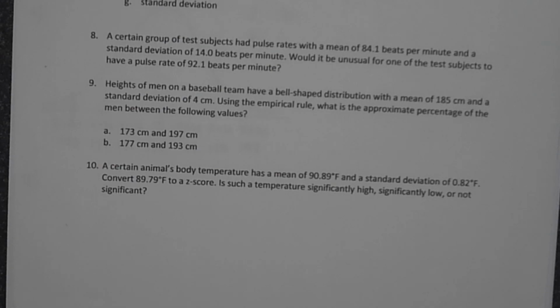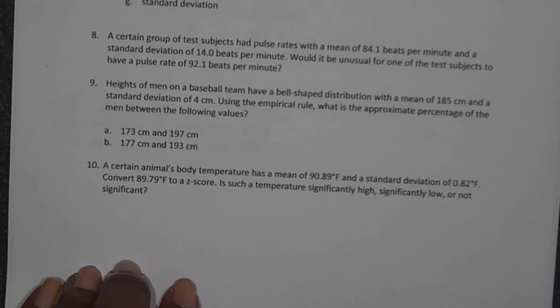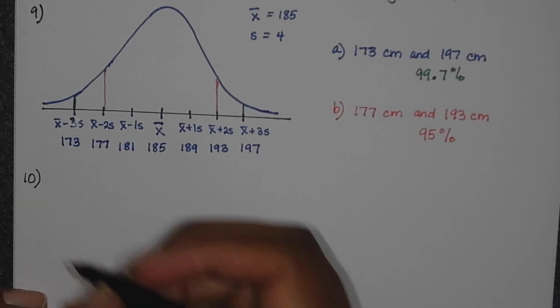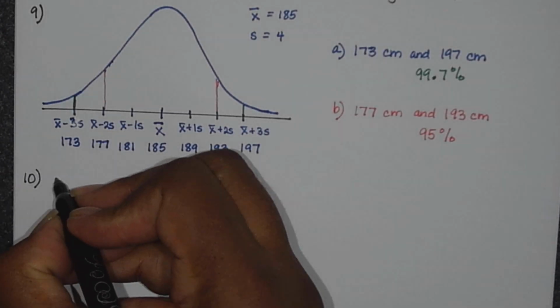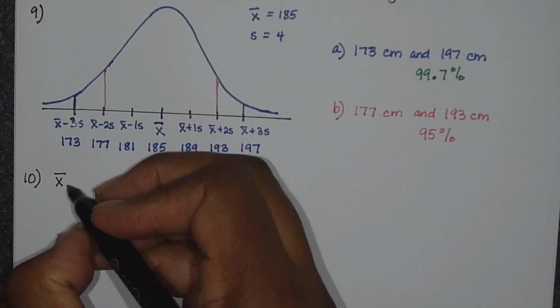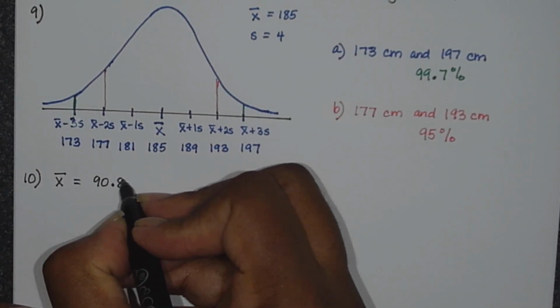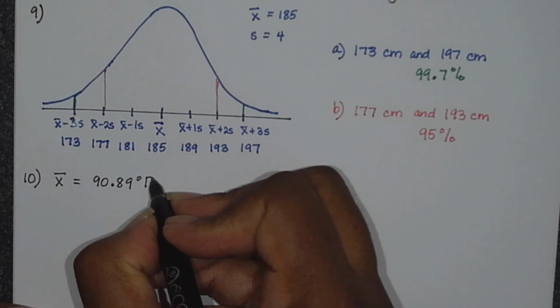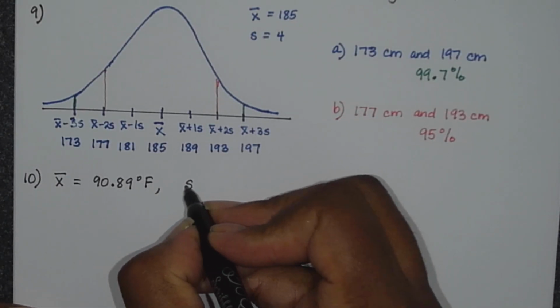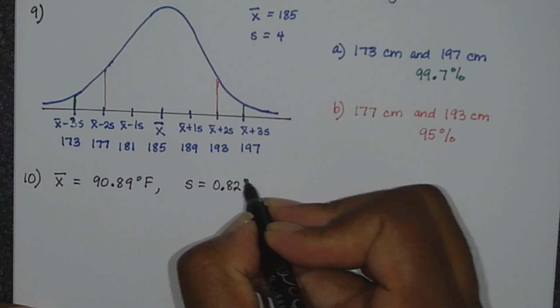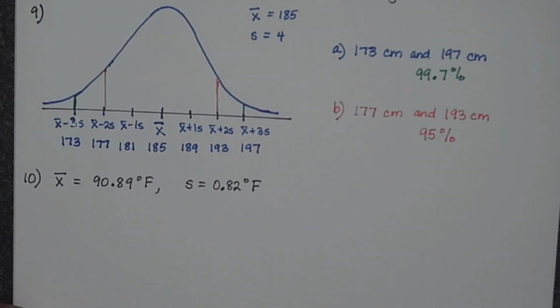Okay. So here's what we have. The certain animal body's temperature has a mean, that's your x bar, of 90.89 degrees Fahrenheit, and it has a standard deviation of 0.82 degrees Fahrenheit.